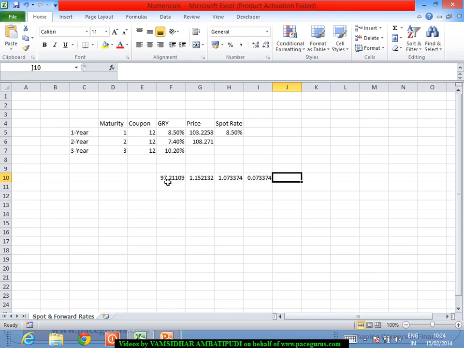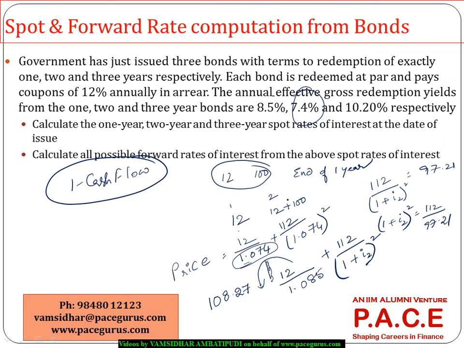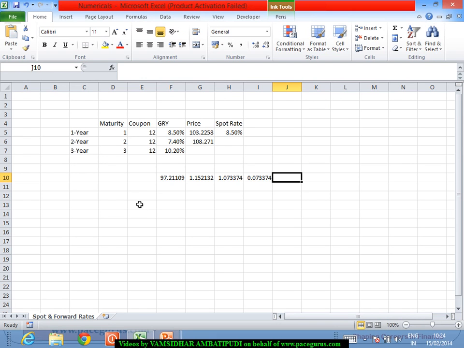So the I2 in this case is 7.34%. So 7.34% is the spot rate corresponding to the 2 years. The 2-year spot rate from this numerical is working out to 7.34.